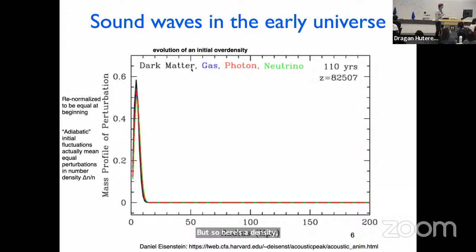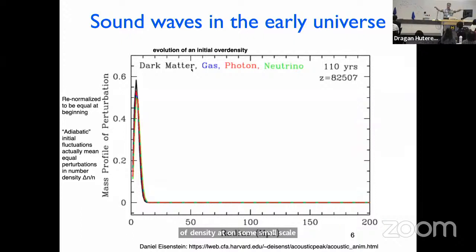This is from Dan Eisenstein. This is the density perturbation at a time of 100 years, so this is the very early universe, redshift of 80,000. And what you see is they've put in a spike of density on some small scale.